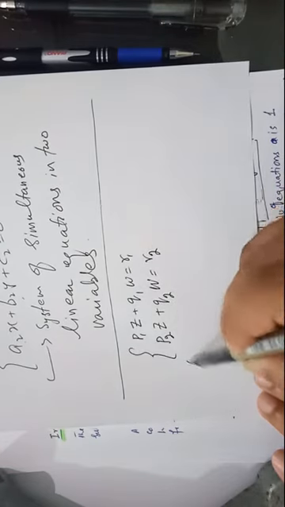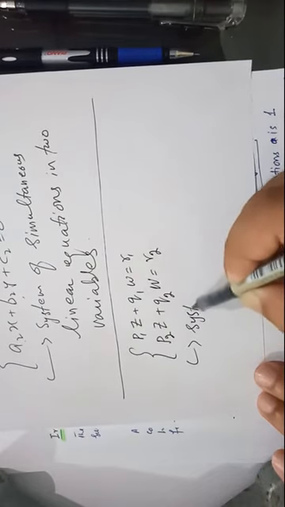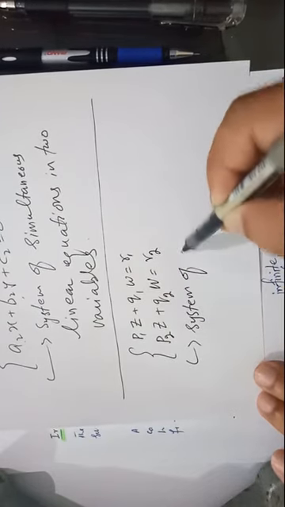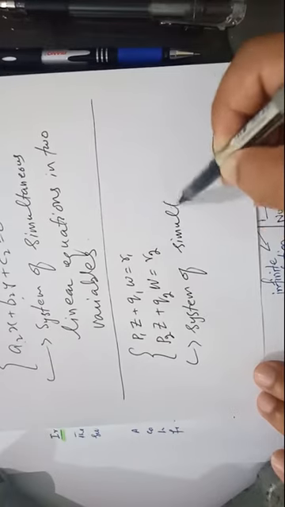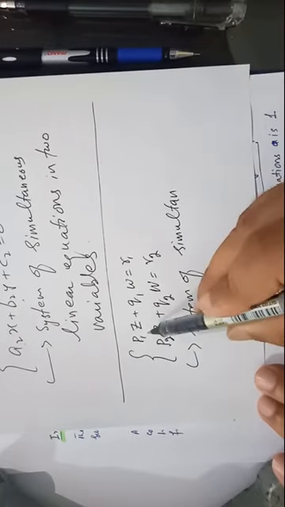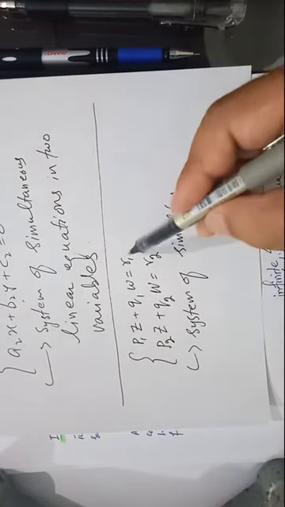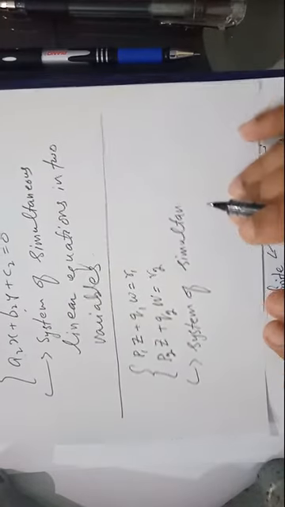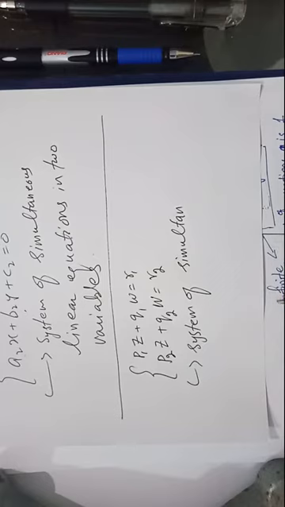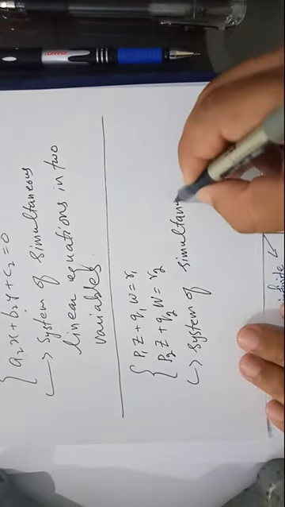Simultaneous means you get a single value of z and a single value of w which will satisfy both the equations. So this is called simultaneous. At the same time the single value of x and the single value of y will satisfy both the equations at the same time.